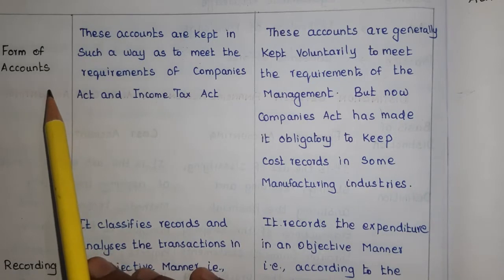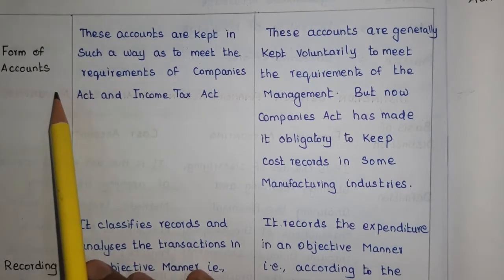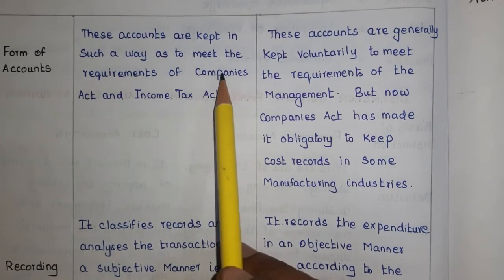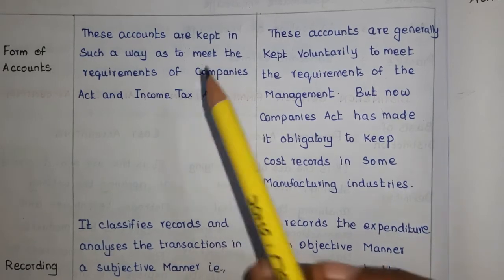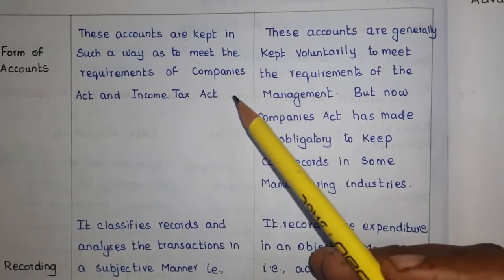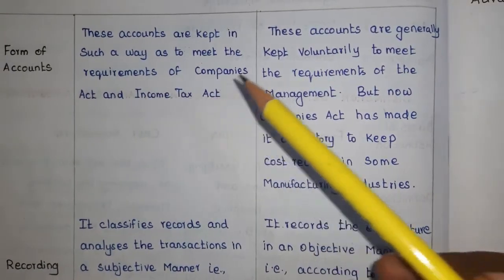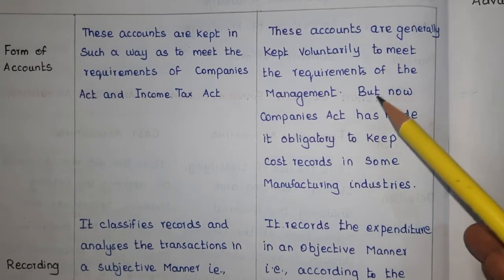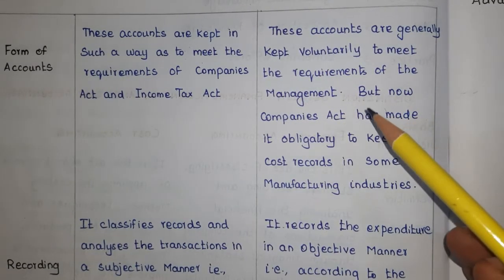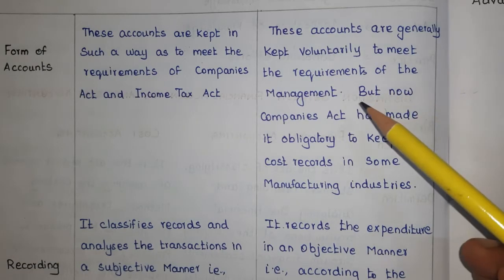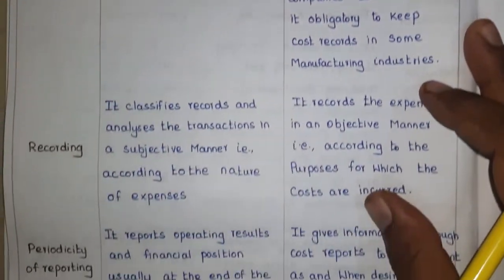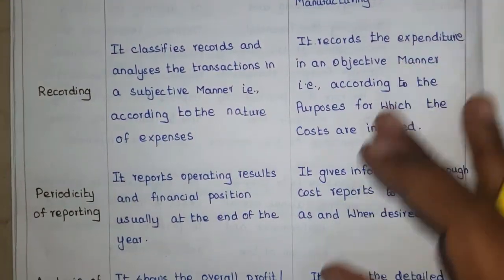The next point of distinction is form of accounts. In financial accounting, accounts are kept to meet the requirements of the Companies Act and Income Tax Act. In case of cost accounting, they are kept voluntarily to meet the requirements of the management. The next point is recording.